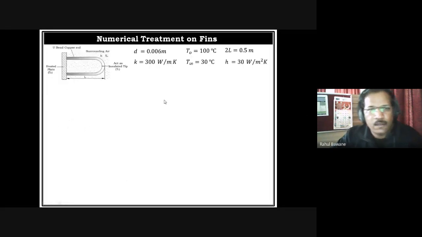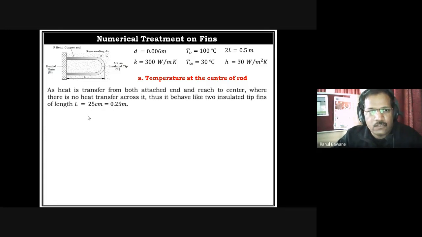So this is our schematic, and the given data is as follows. First is the temperature at the center of the rod. This is the center of the rod after L distance. From any side, top side or bottom side, the temperature will be the same at the center. As heat is transferred from both attached ends and reaches the center, where there is no heat transfer across it, it behaves like two insulated tip fins of length 25 centimeter.